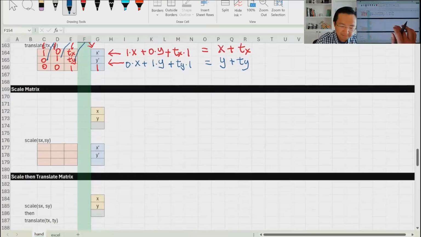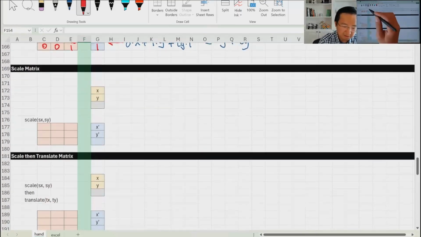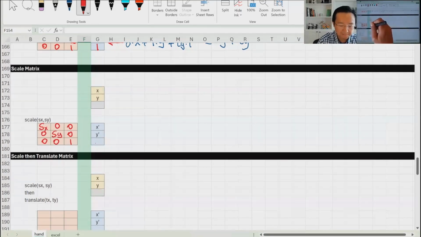So we can do the same thing for the scale matrix. For the scale matrix, we would like to have something that looks like an identity matrix, but instead of filling 1s on the diagonal, we'll simply put Sx and Sy along the diagonal. And we add a little one here, augmenting our xy 2D coordinate with a little one, and then we can get this form.